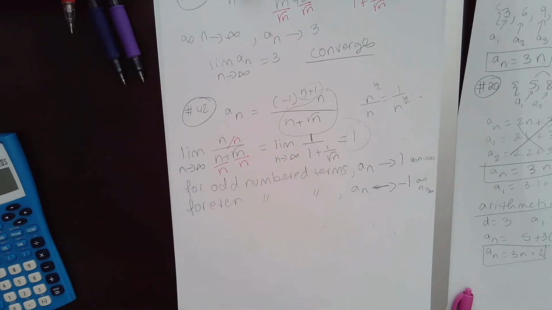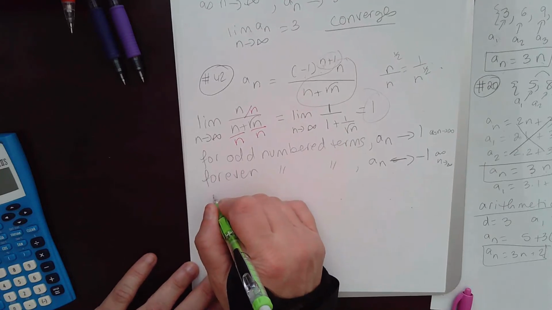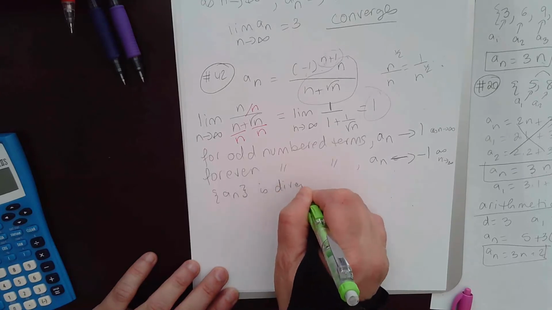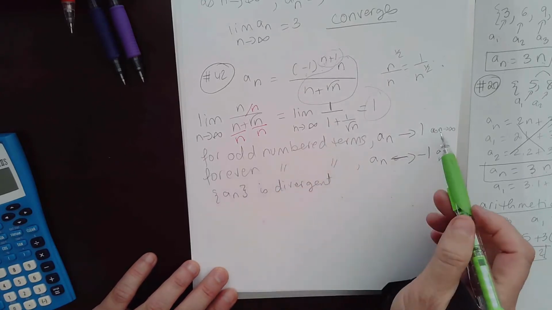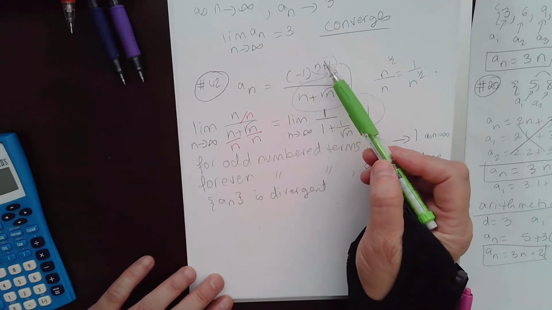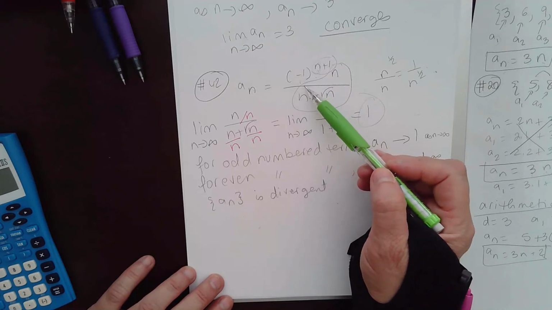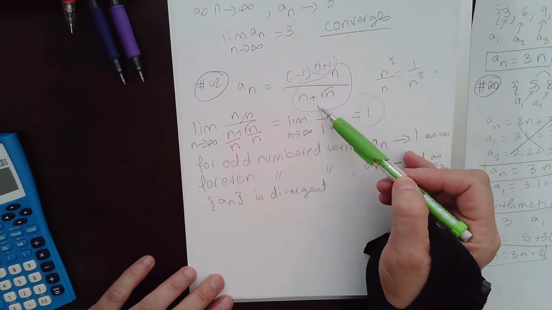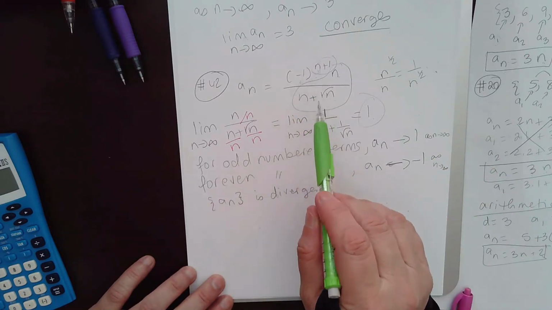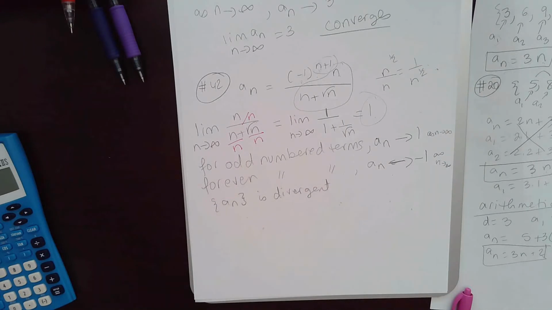The sequence an is divergent. Some go to 1, some approach negative 1. It's divergent. Now keep in mind, if I get rid of this, if I just have an equal to n over n plus square root of n, the sequence is convergent. But I have negative 1 to the n plus 1. It's divergent. Okay? So the sequence diverges.